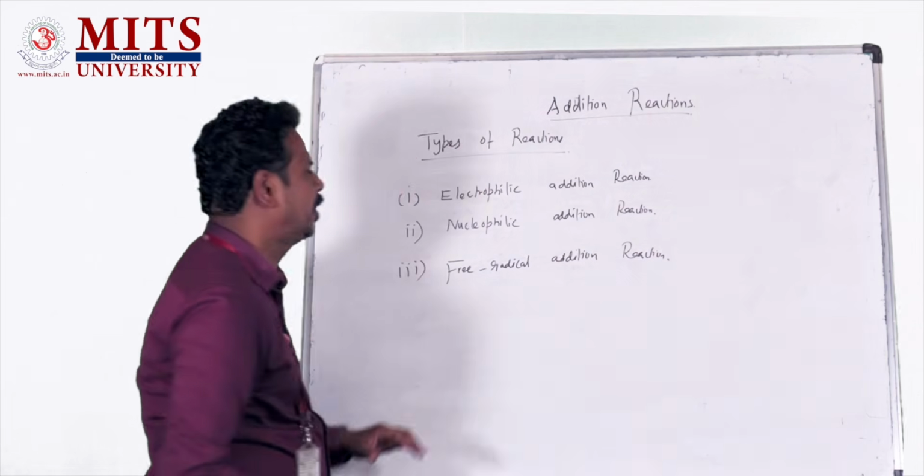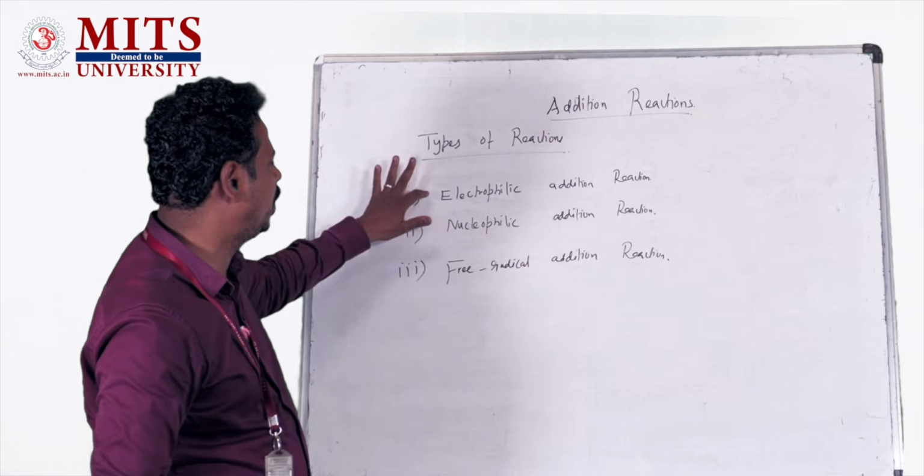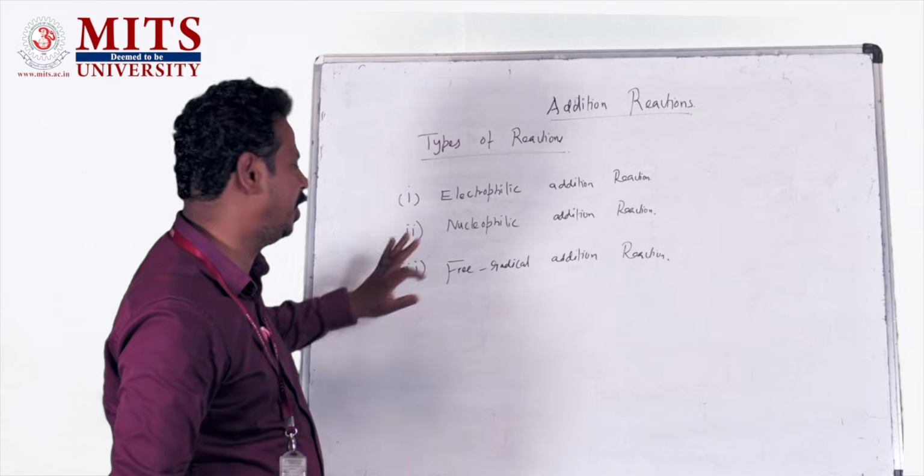So there are three different types: electrophilic, nucleophilic, and finally free radical.